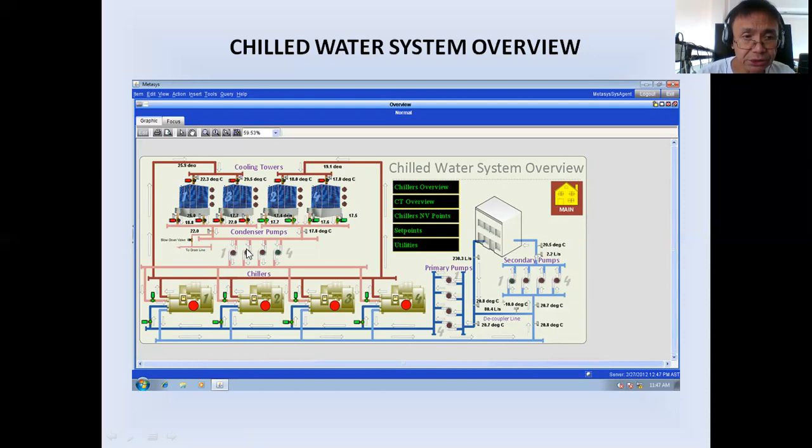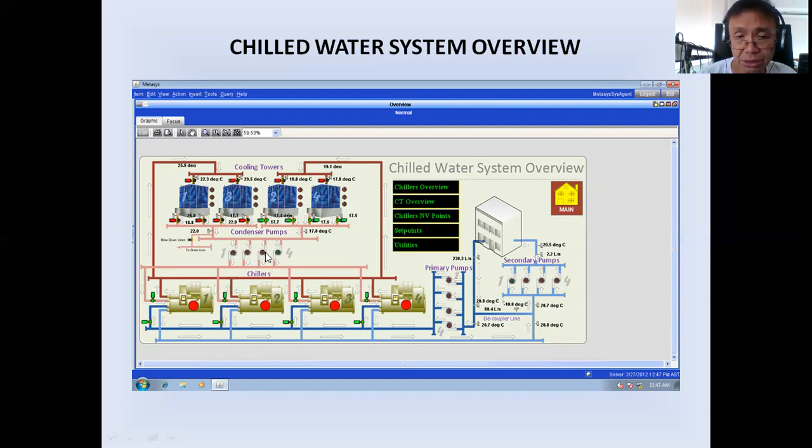Okay, so 1 and 3, it's like one set, and 2 and 4, it's like one set of cooling tower. Okay, so then after the cooling tower, it will show you the status of the condenser pumps. Okay. So as you can see here, you will just see the animation, which pump is running. So we have 4 pumps.